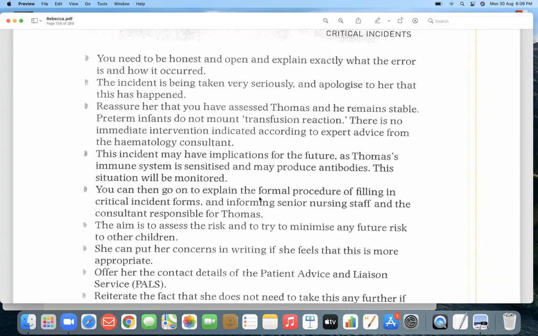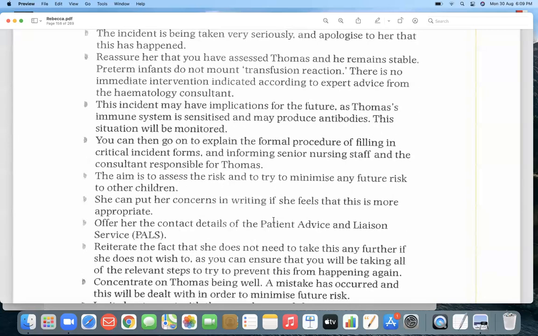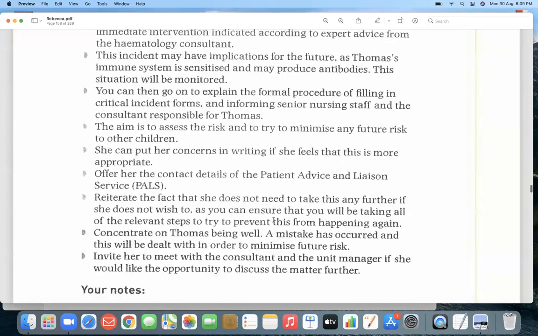You can then go on to explain the formal procedure of filling in critical incident forms and informing senior nursing staff and the consultant responsible for Thomas. The aim is to assess the risk and try to minimize any future risk to other children. She can put her concerns in writing if she feels that this is more appropriate.